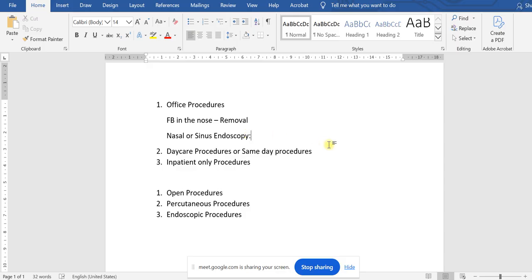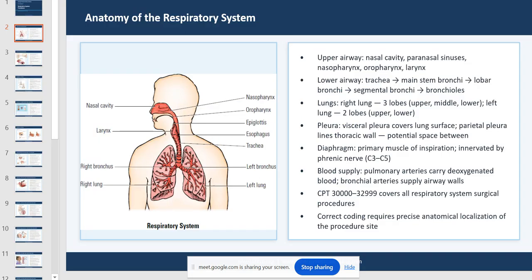The other day when we were talking about endoscopy procedures, arthroscopy, what did we discuss? Endoscopies are of two types, right? Wherever you do endoscopy procedures, there are two types: diagnostic endoscopy and surgical endoscopy. The same thing you are going to see in this nasal or sinus endoscopy.